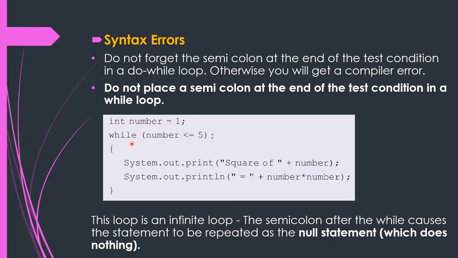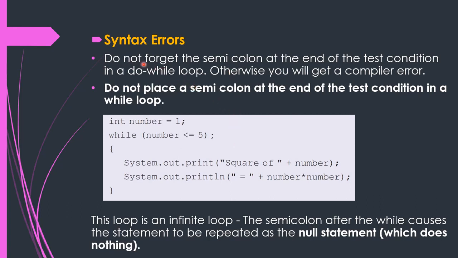So the statement will simply end here and it will have no relation with the execution of this block of code, because this block of code was to be executed with the while statement, but we have put the semicolon here which causes the while statement to stop here, and the statement works as a null statement which will do nothing. So it will be an infinite loop and nothing will be executed.